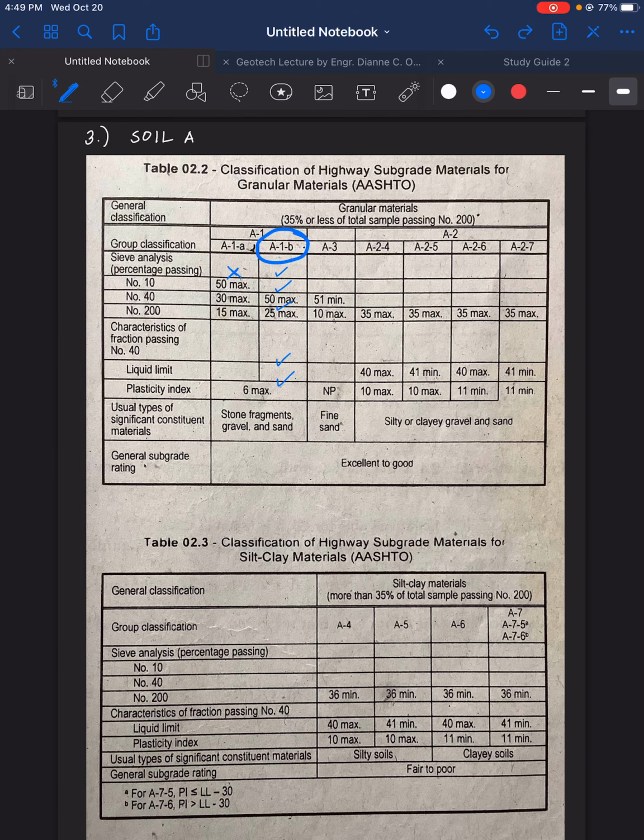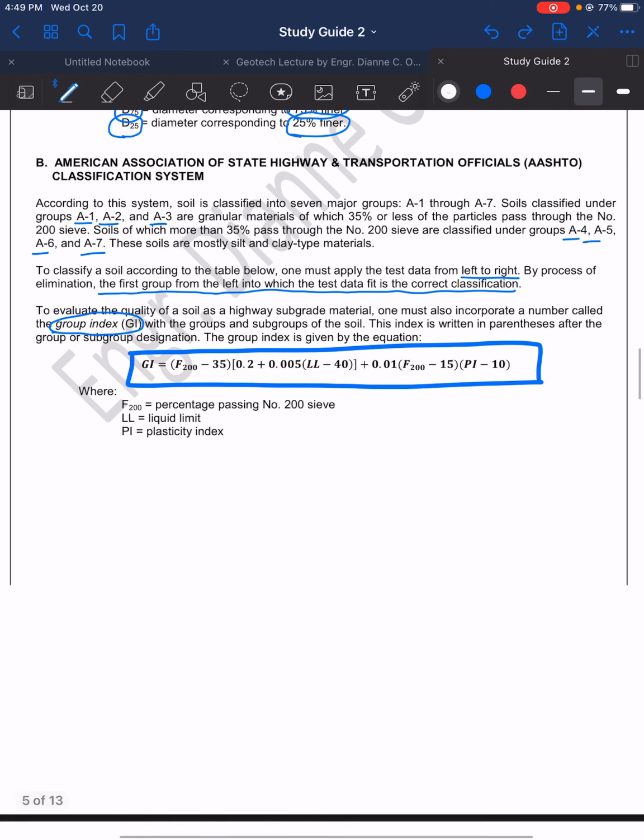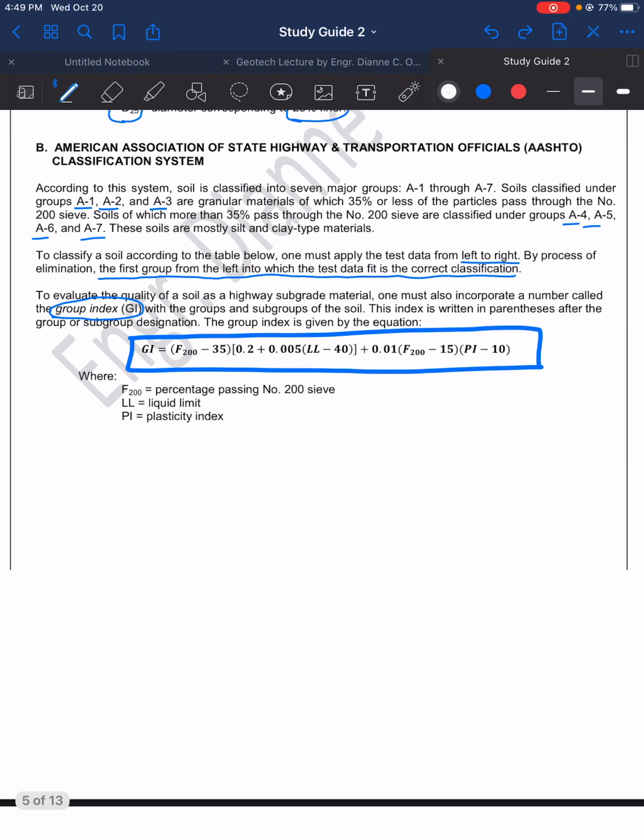So, using the table, oh, by the way, we forgot the GI. Remember that the classification should have a GI. So, what's the rule about the GI again?